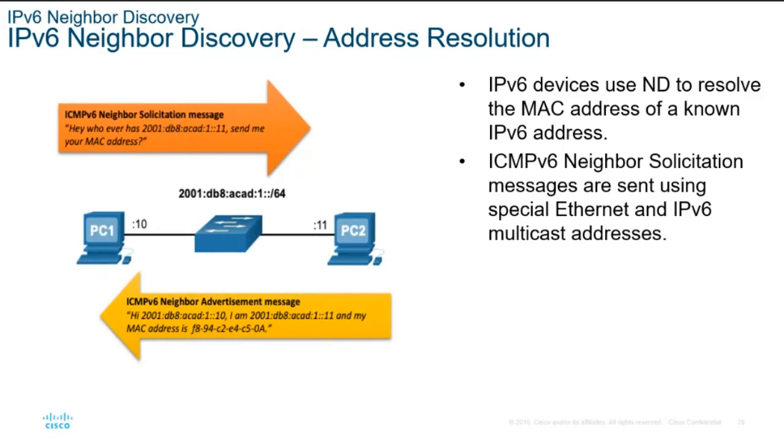Okay, this is address resolution in IPv6. IPv6 devices use ND to resolve the MAC address of a known IPv6 address. The ICMPv6 neighbor solicitation messages are sent using special Ethernet and IPv6 multicast addresses.